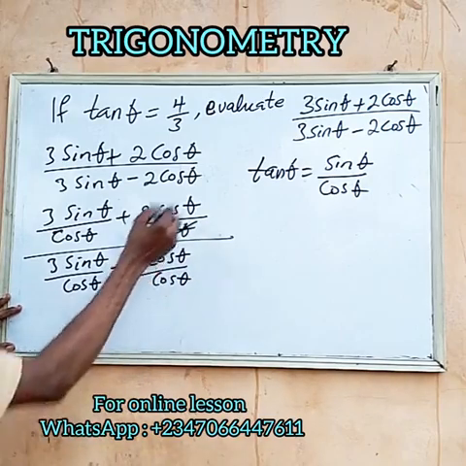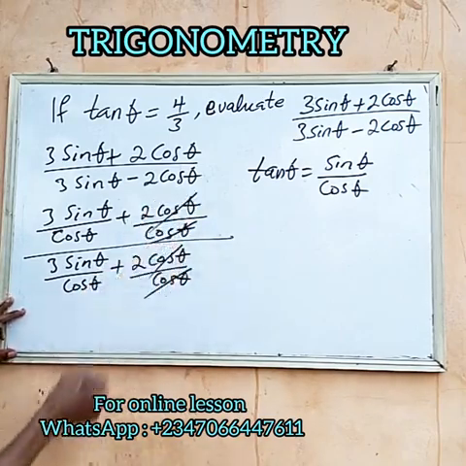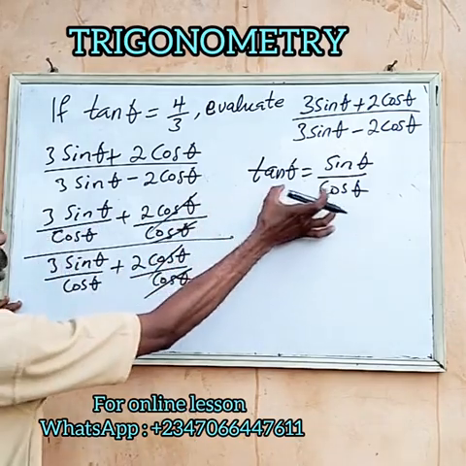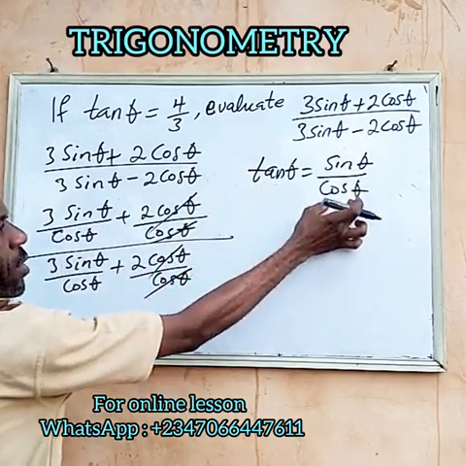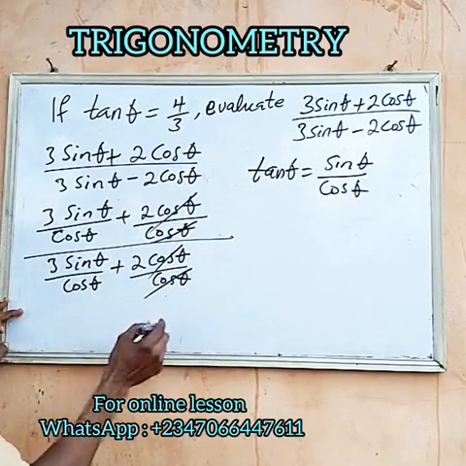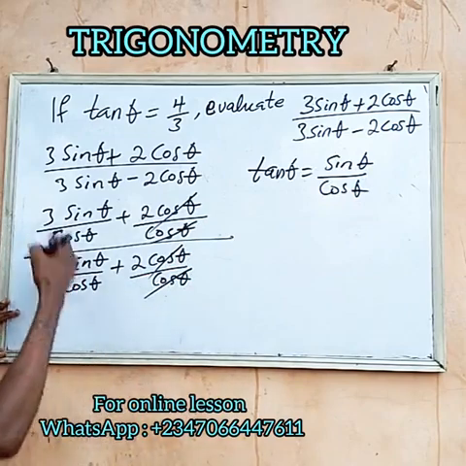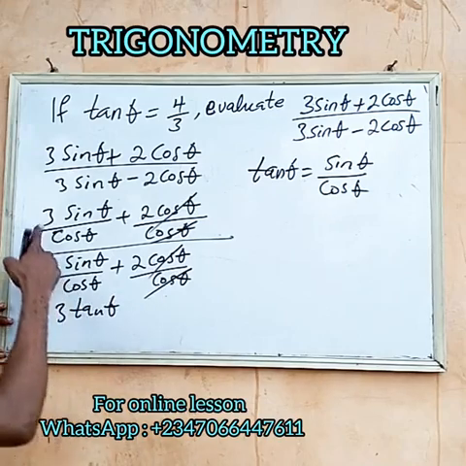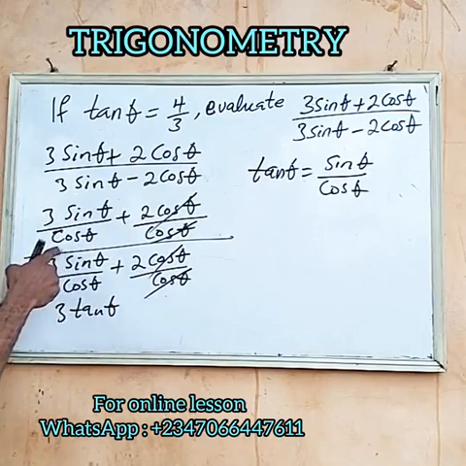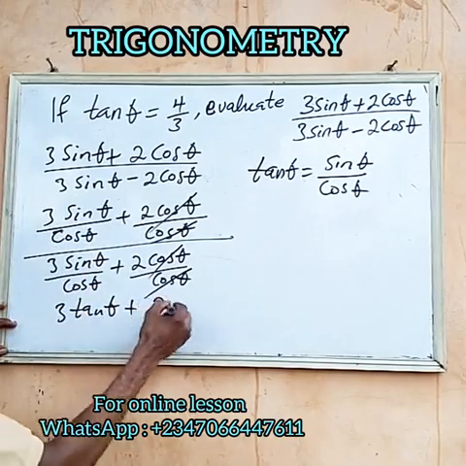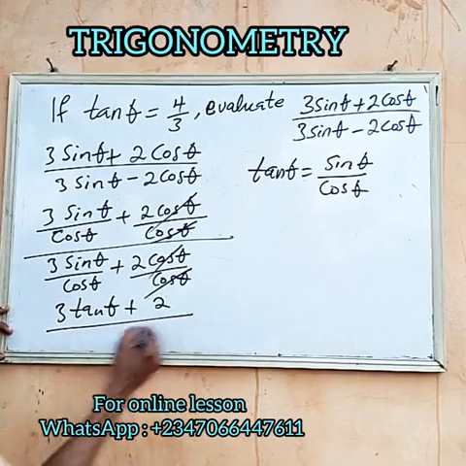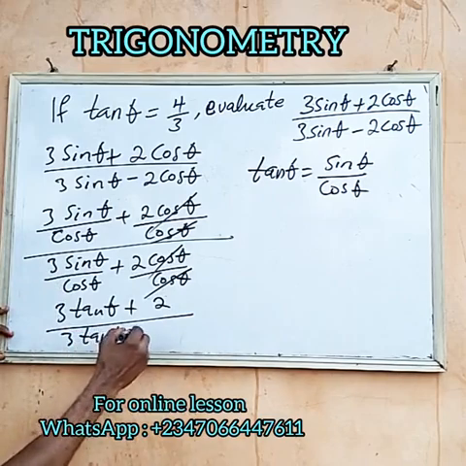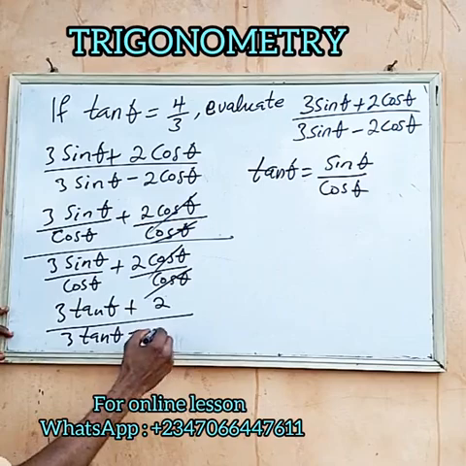So from here, this one and this one can cancel out. Then we have 3 sine theta over cos theta. Automatically, we are told that tan theta is equal to sine theta over what? Cos theta. So this will now give us 3 tan theta, because the 3 is multiplying sine theta over cos theta, then plus 2, that's your numerator, all over 3 tan theta minus 2.